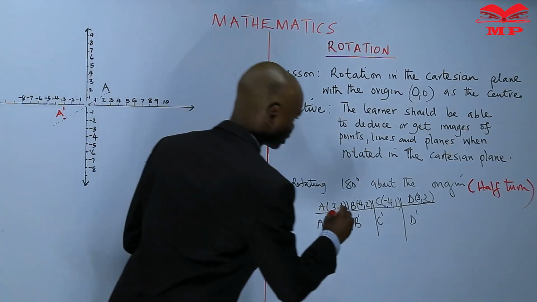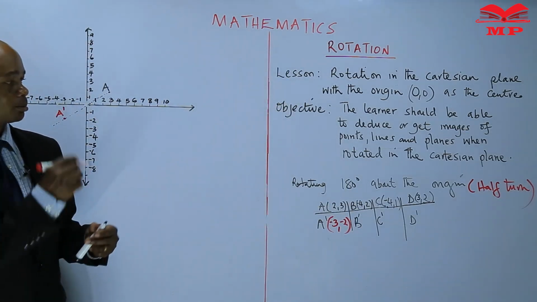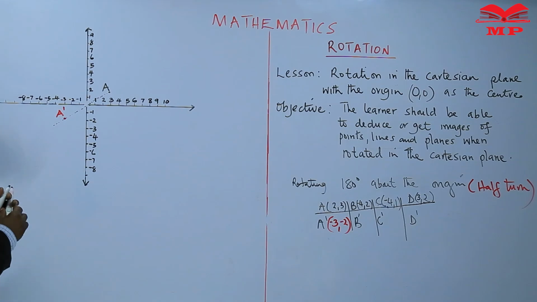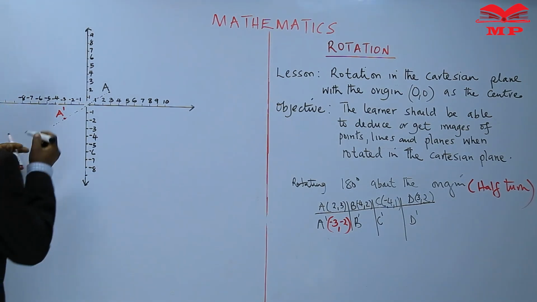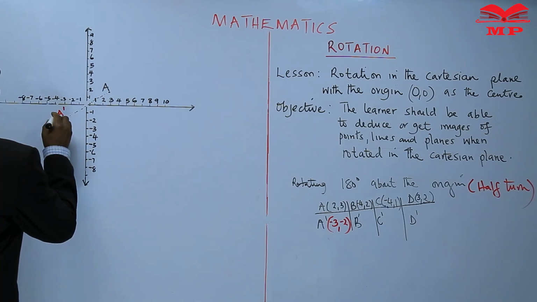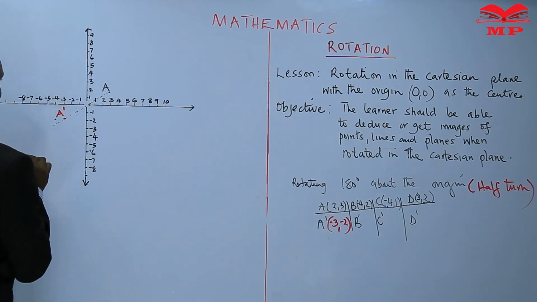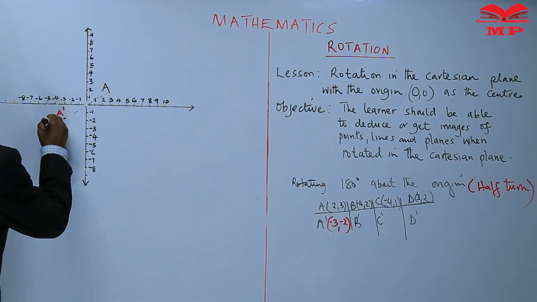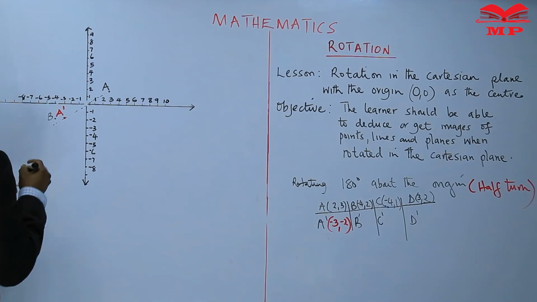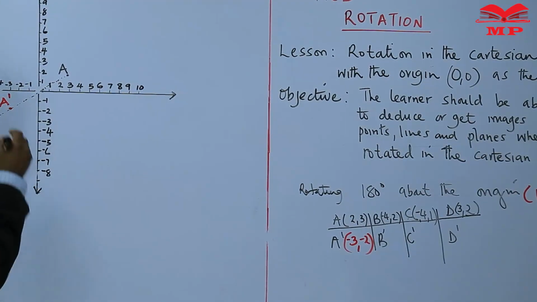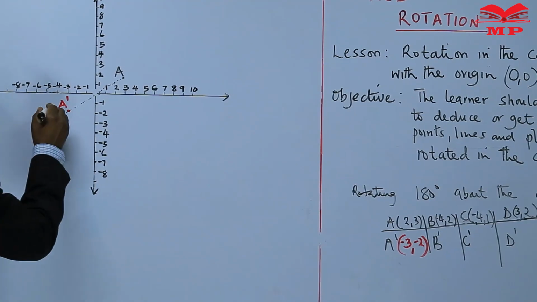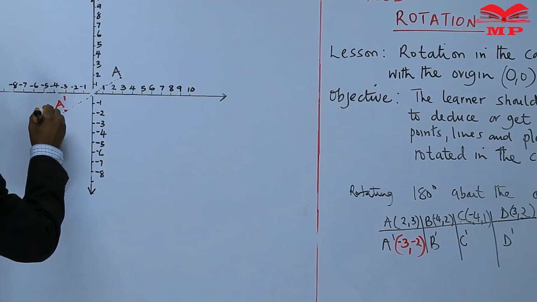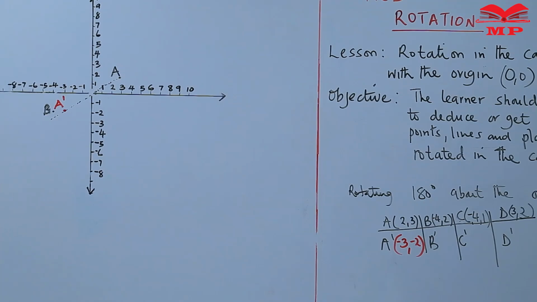Let's see whether that will be the same for the second point B. I'm given the point as negative 4, 2. B is actually here. What will happen?